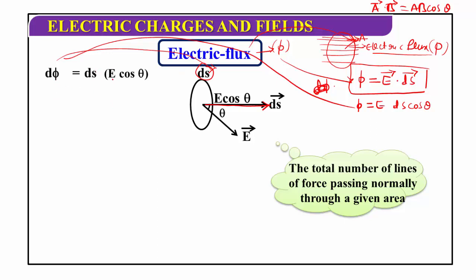That is, d phi is equal to ds into E cos theta, and theta is the angle between the normal to the surface and the electric field.